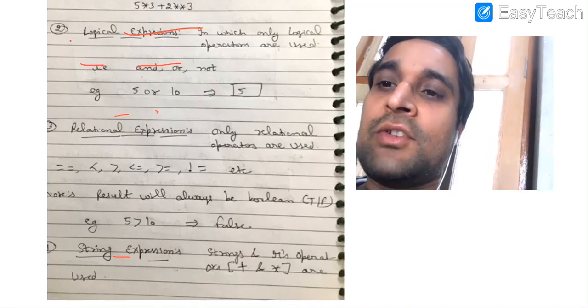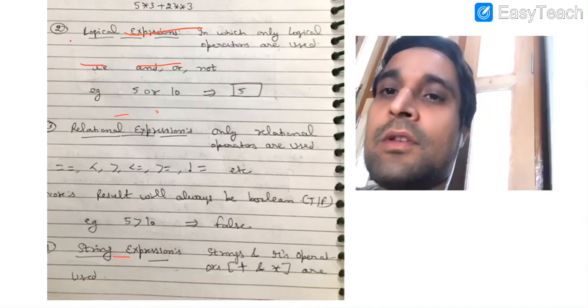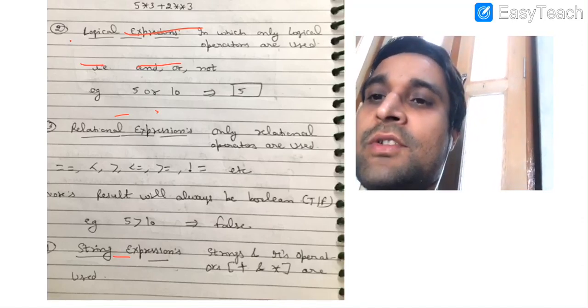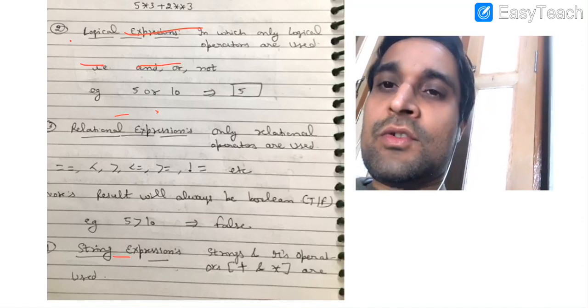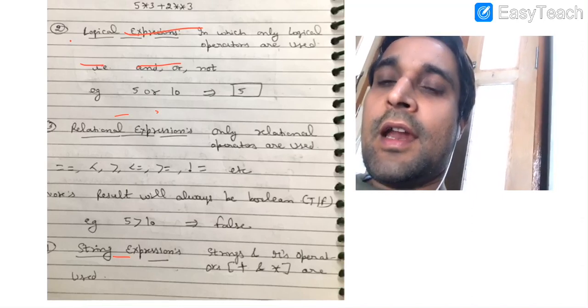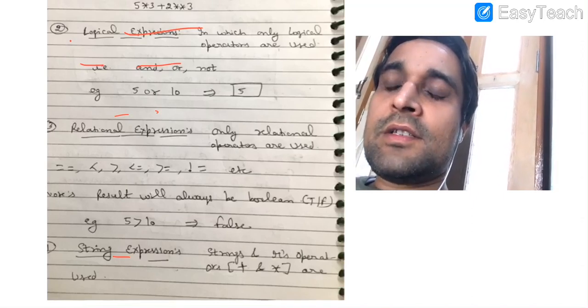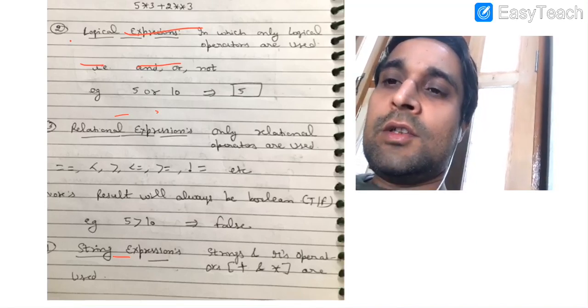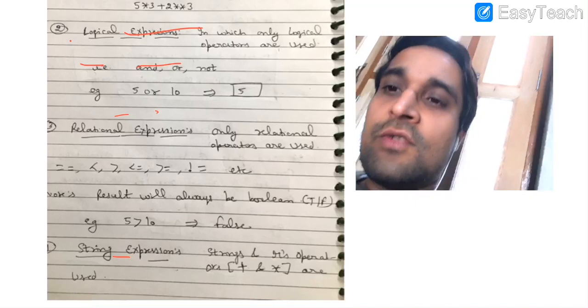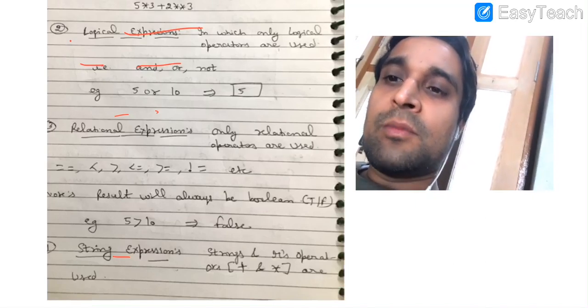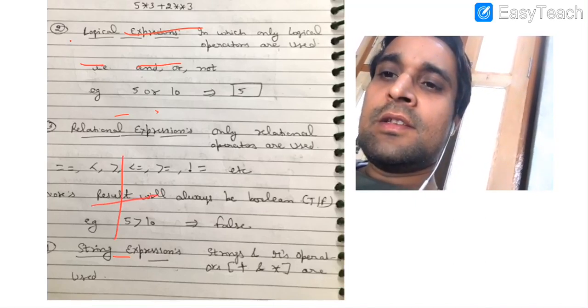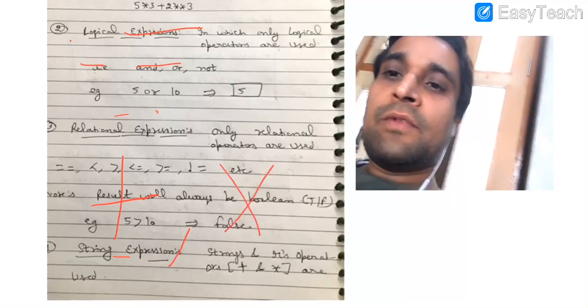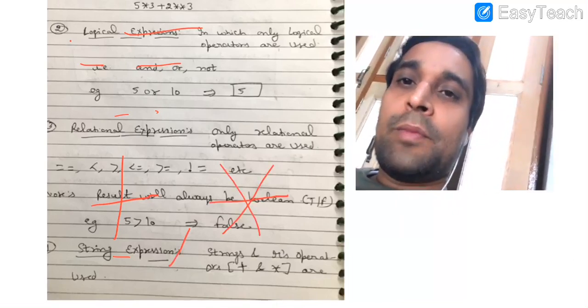The next category of expression is the string expression. A string expression means an expression in which only string operands are used, along with the operators that we can apply on strings. Only 2 operators are available which can perform some operation on a string. One is the concatenation operator, and the other is the string replication operator.